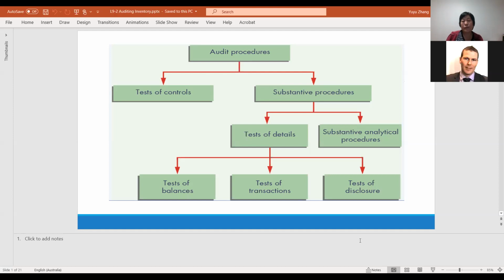That also means that when you are designing your audit tests, your final decided test could also be different. So that's where you need professional judgment. You need to be experienced as an auditor.